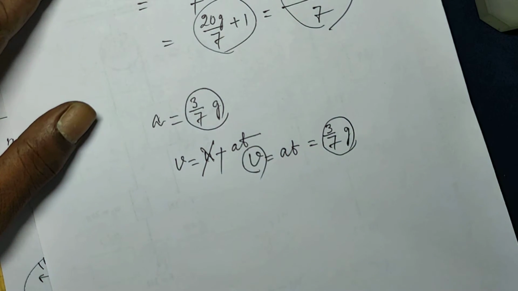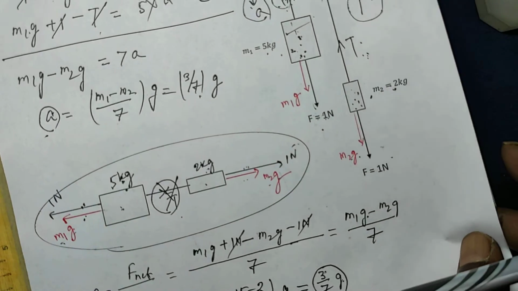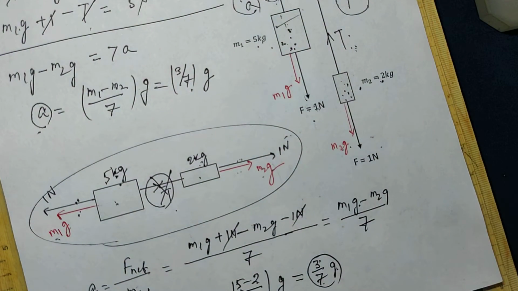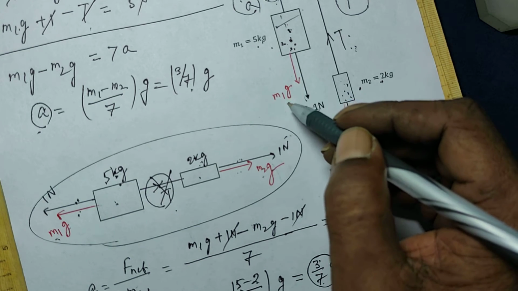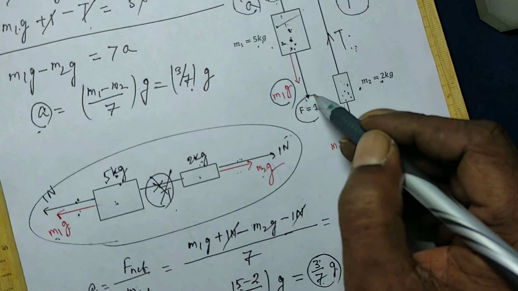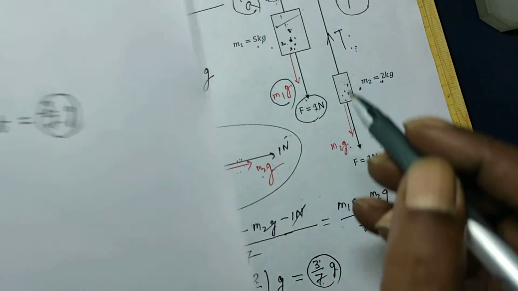This is the velocity. Now the string breaks, which means there is no tension. So the force acting on M1 is only M1g, and this force F continues to act. So let me draw it here.